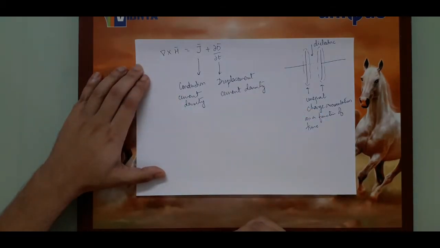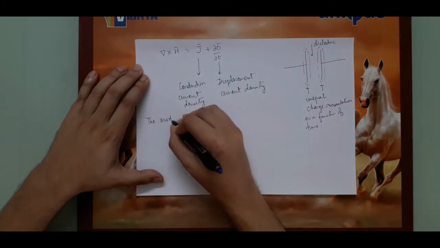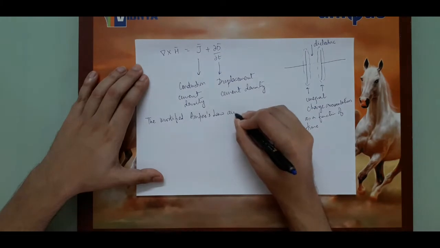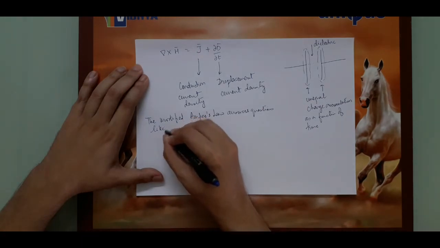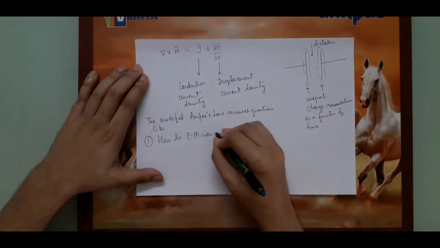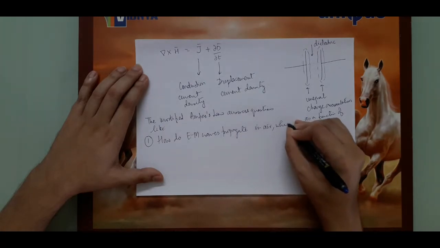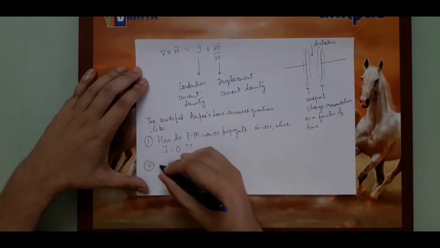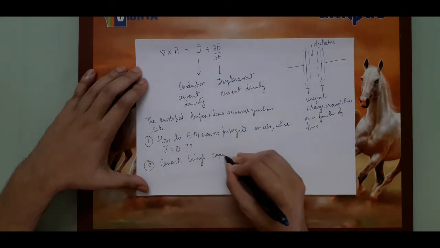So this answers many questions. The second question it answers is current through capacitor.